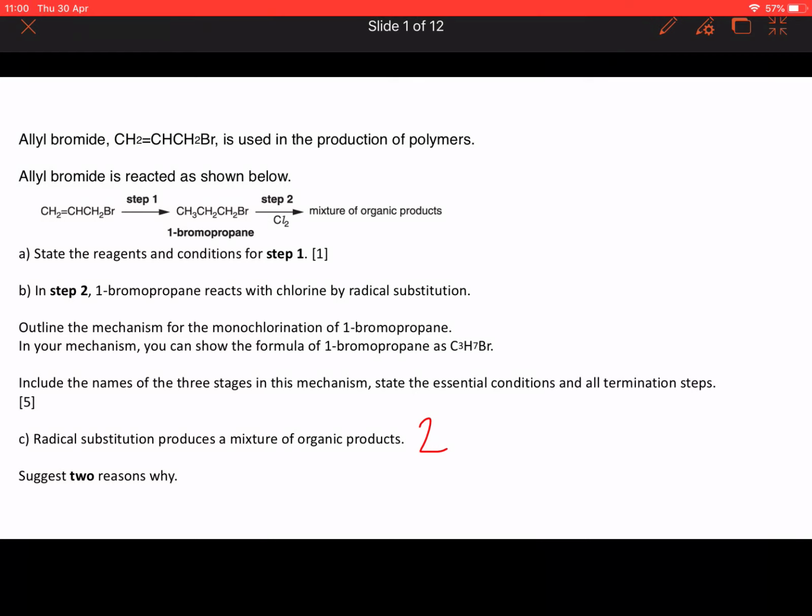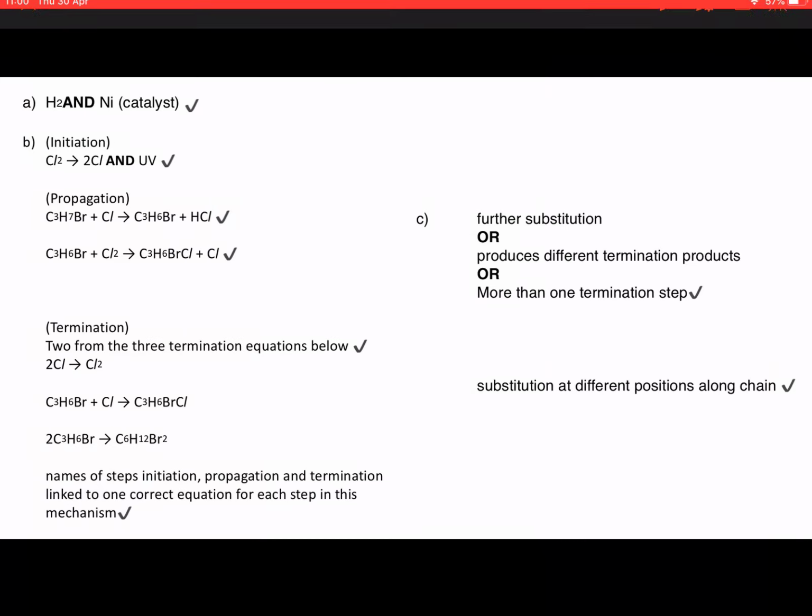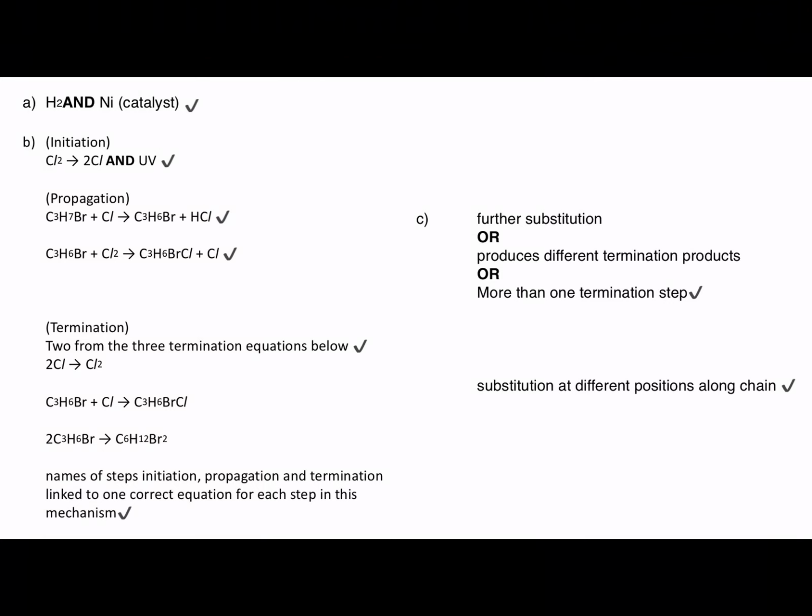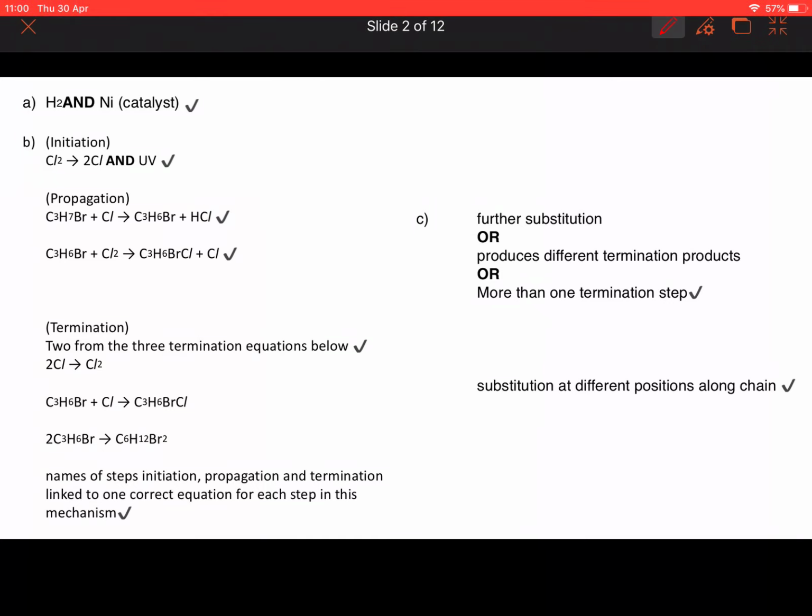Okay, hopefully you have managed to do that question. Our answers are, for the first point, we needed to have hydrogen gas and a nickel catalyst. Now, for part 2, it is important that you know initiation, propagation and termination.